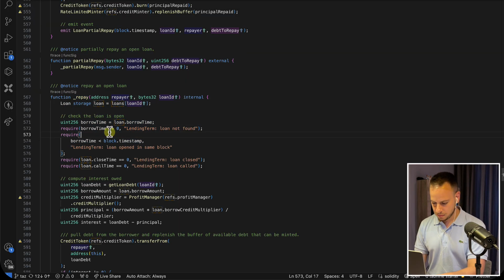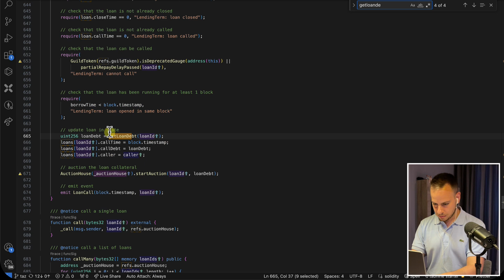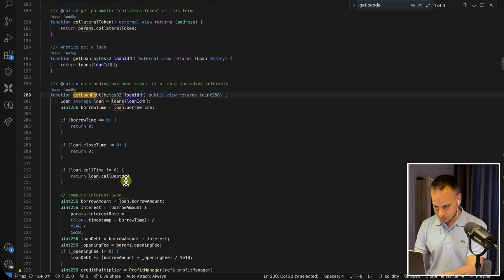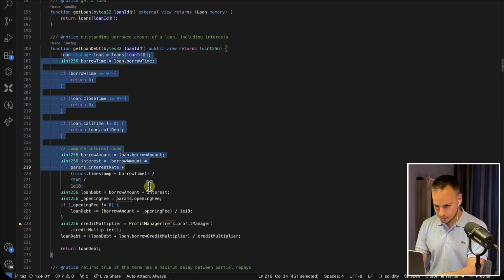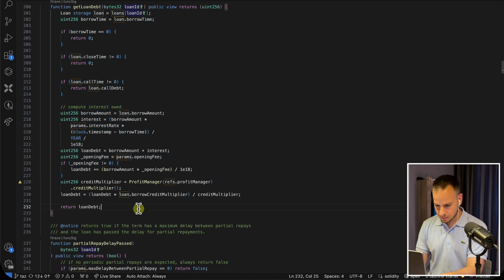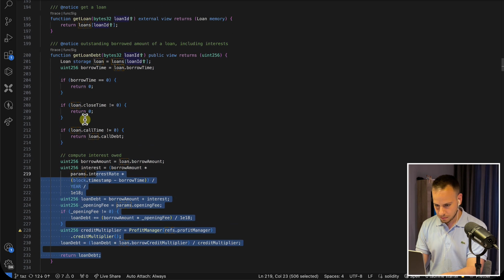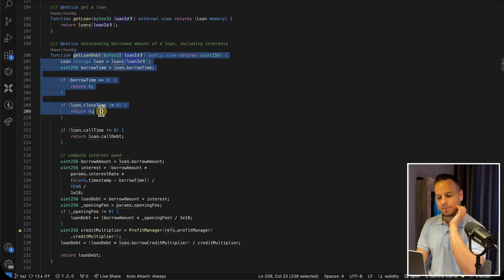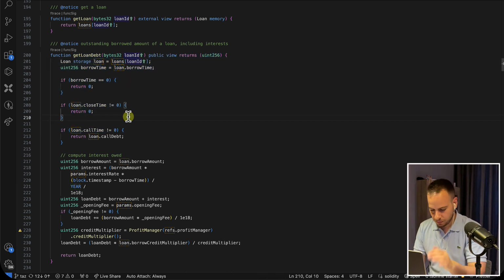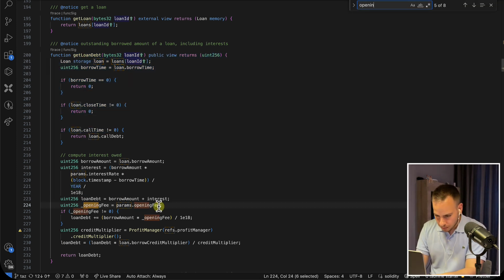Get loan debt. This function is called on partial repayment, and it computes the opening fee for each partial repayment. And I think that the opening fee must be charged only once on the initial borrow amount.